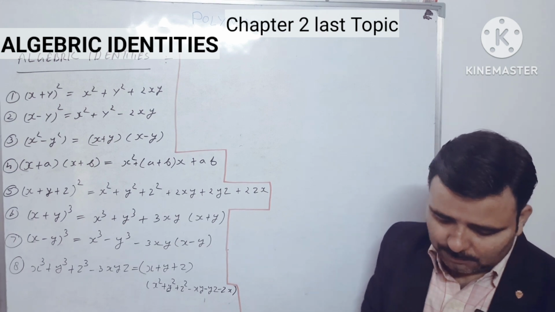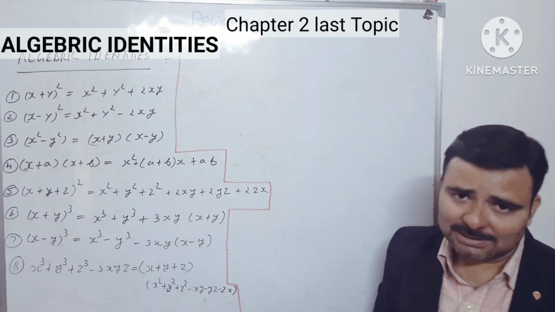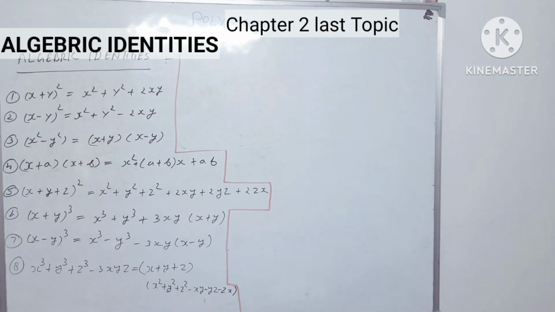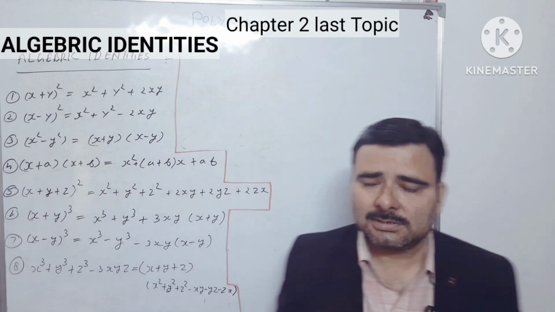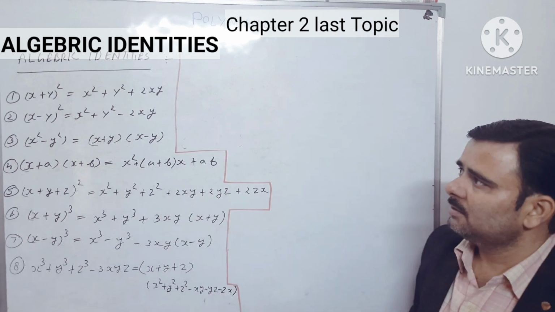Let's prove these one by one and understand them with the help of examples. Now we will focus on the proof of these algebraic identities.